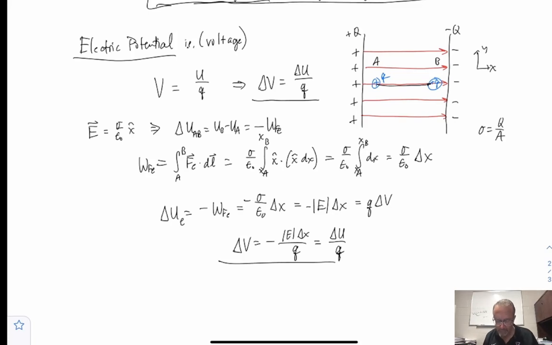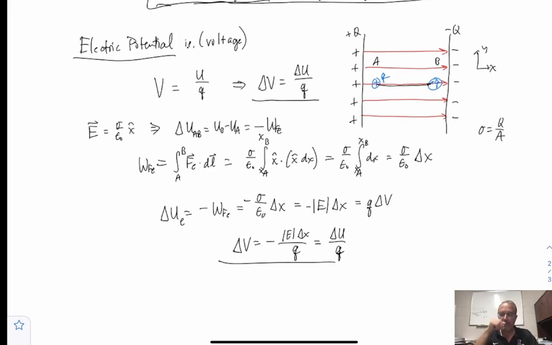So, this tells us some things about this situation here, where we've got a change in potential energy that's negative. Think about it like this. If we have a positive charge near the positive plate of the capacitor, it's got a lot of force on it. And that electric force is going to want to push it to the other side, toward the negative side, right? And so it decreases the potential energy to move the charge further from the positive plate.